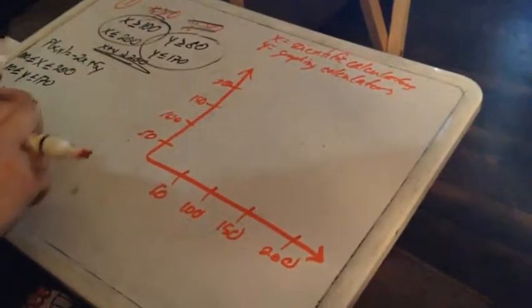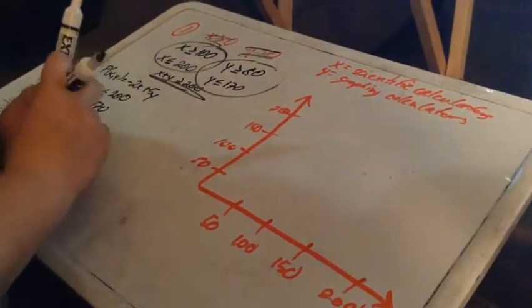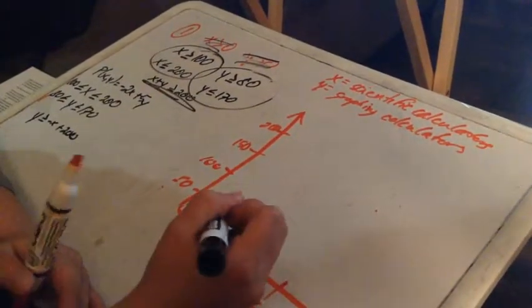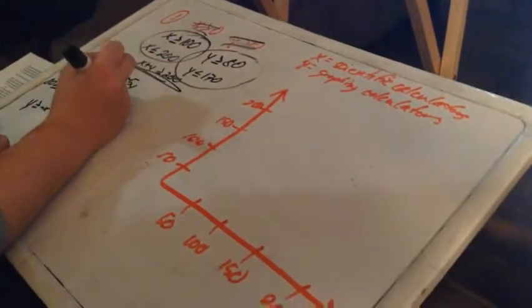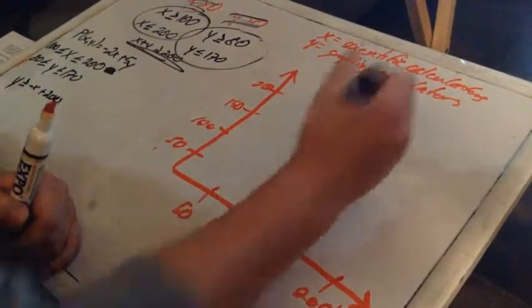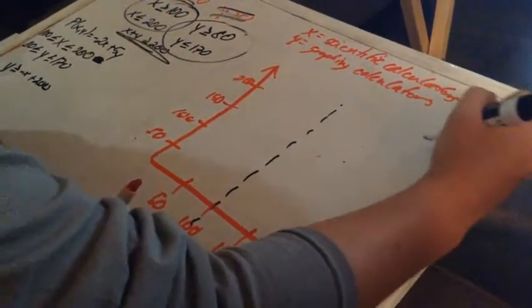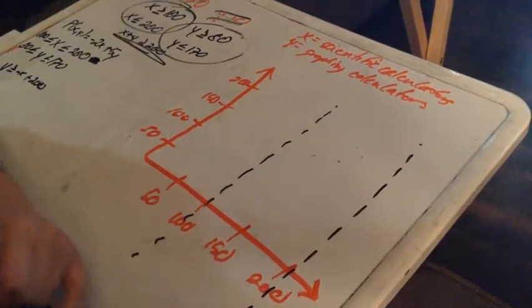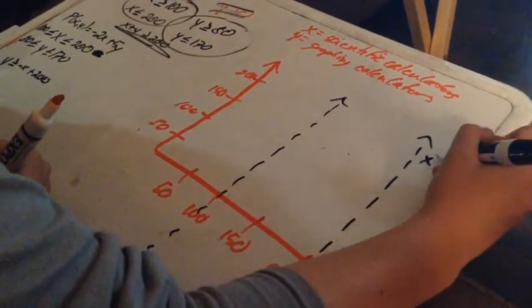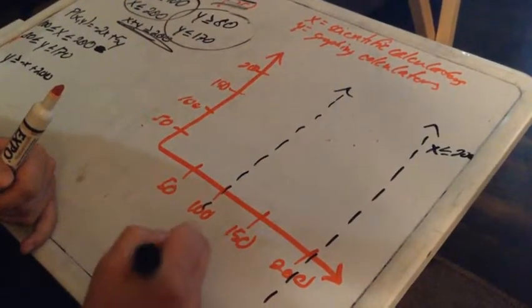For x is greater than 100, I'm going to put a line here, but less than 200, put a line there. So this is my x is less than 200, and this is my x is greater than 100.